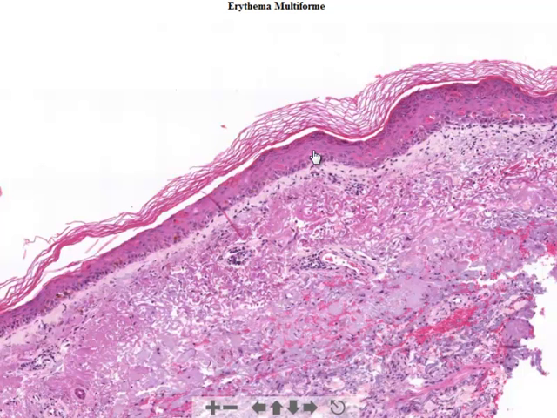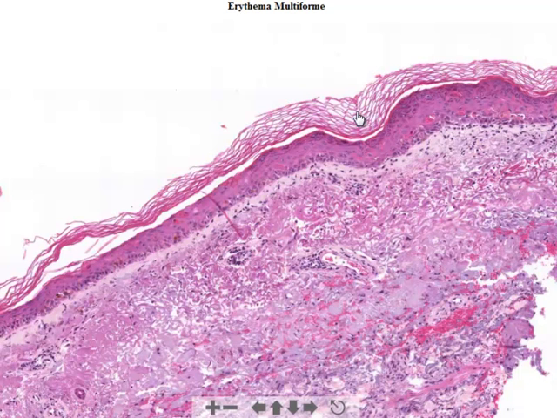What are some of the other features of this lesion that we can note that may help us to differentiate this from graft versus host disease? Well, the first thing is the stratum corneum. Remember that Erythema multiforme tends to be an acute event, so the stratum corneum tends to stay fairly intact.